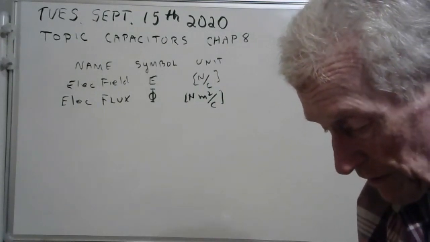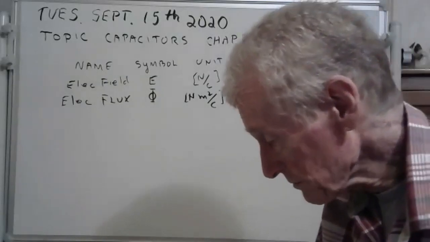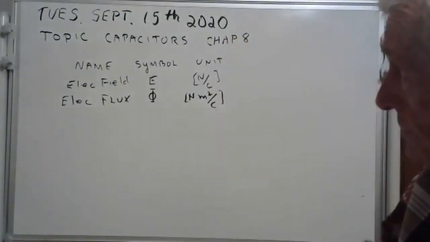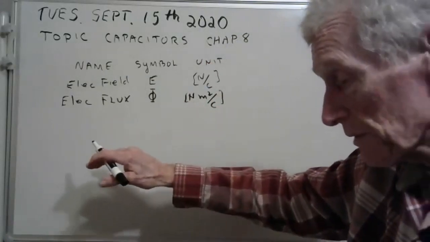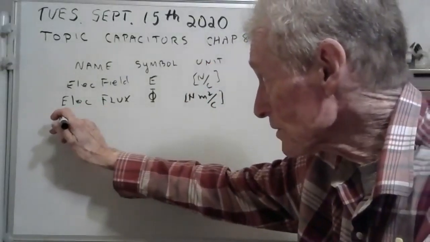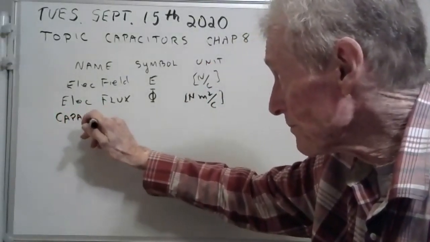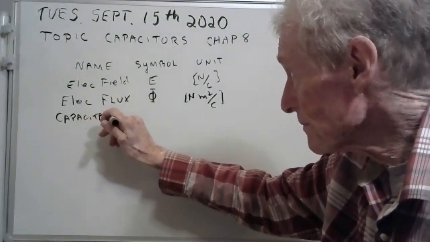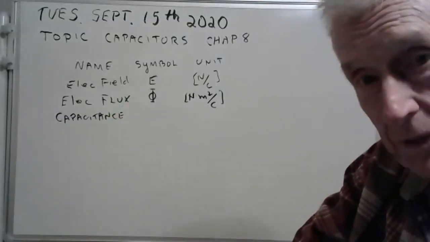Well, I've got 5:30, and I think we should get started. The topic is capacitors. So while we're at it, why don't we write that down? There's something called capacitance. And you could look that word up in the dictionary.